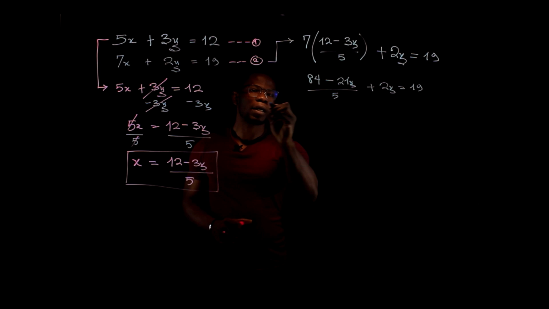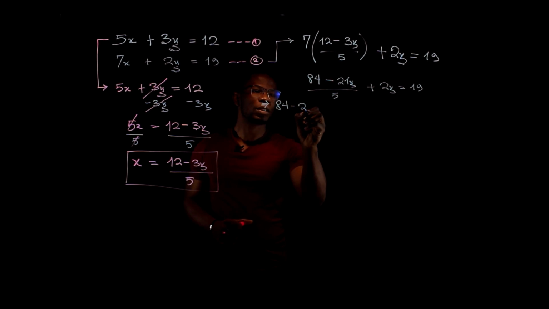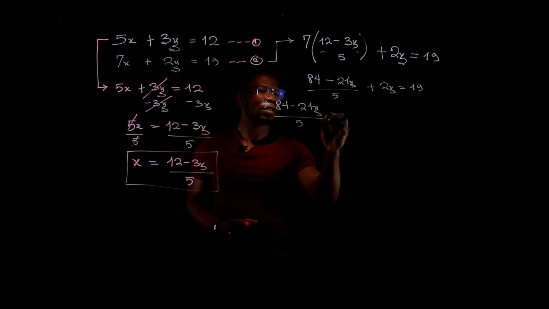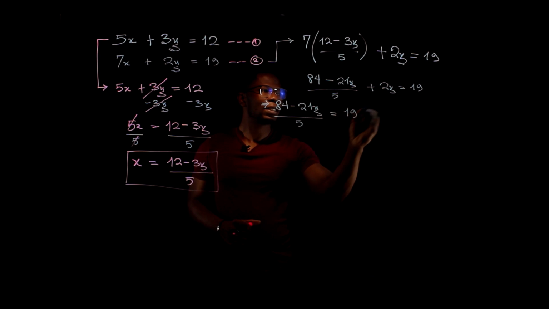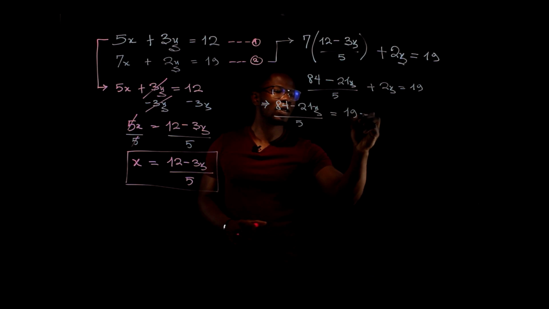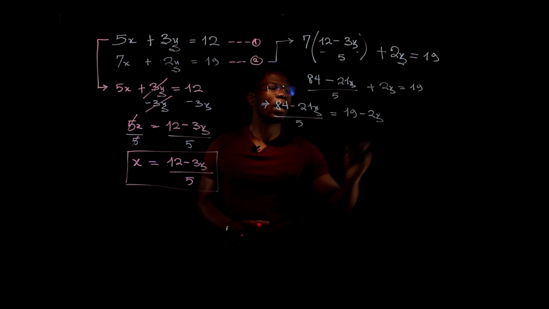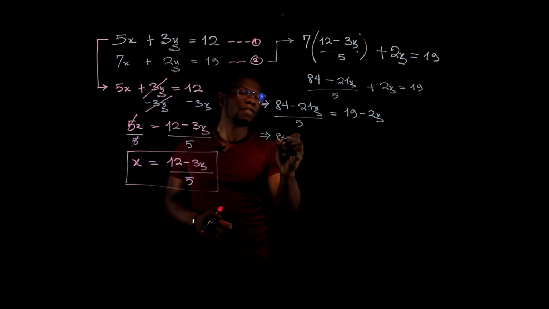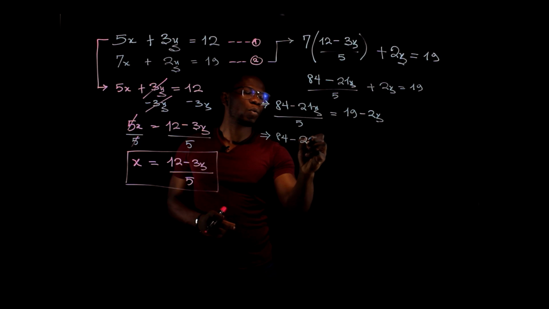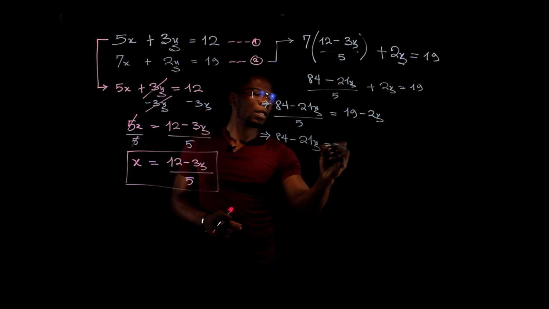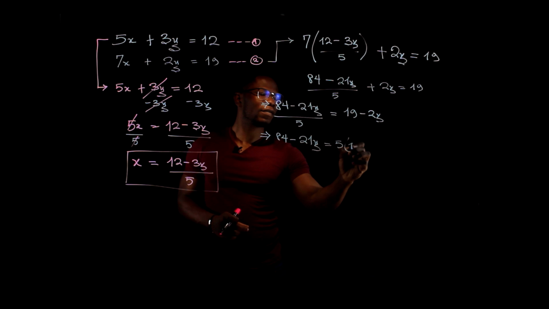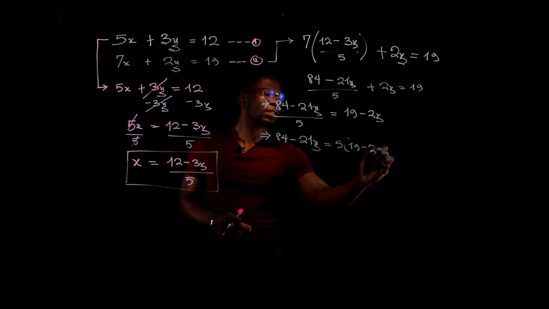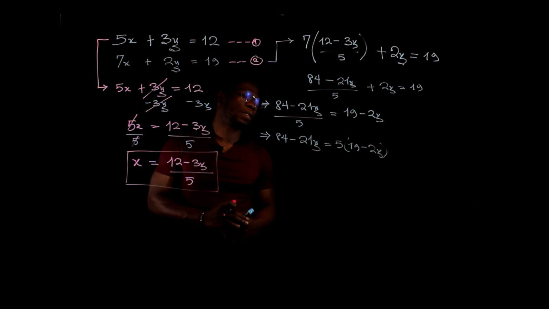If we do that, our equation becomes 84 minus 21y divided by 5 equals 19 minus 2y. 2y goes over to this side to become minus 2y. And then we can cross multiply. So we have that 84 minus 21y equals 5 multiplied by (19 minus 2y).